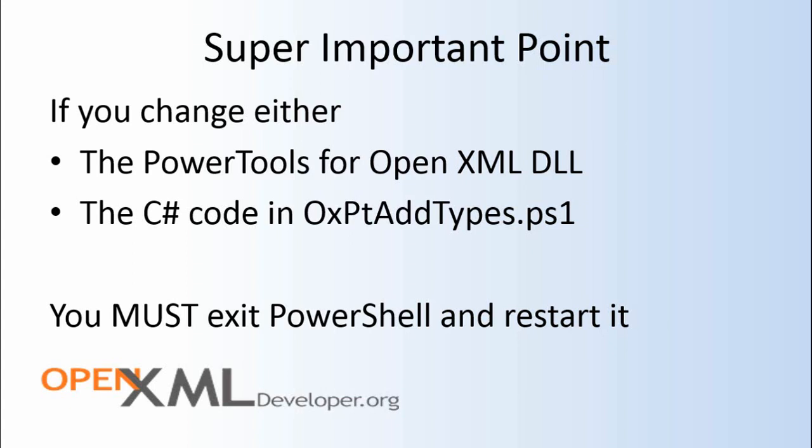So by definition, by the basic behavior of .NET, you have to exit PowerShell and restart it in order to get the new functionality in OXPT add types to come into existence and be available to you from your other PS1 scripts. If you don't change that code, you don't need to do that.